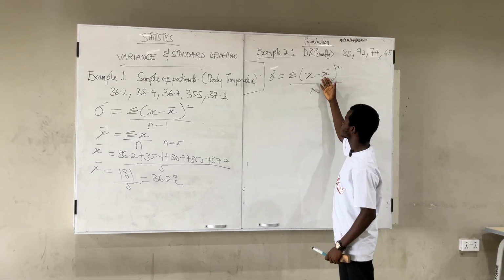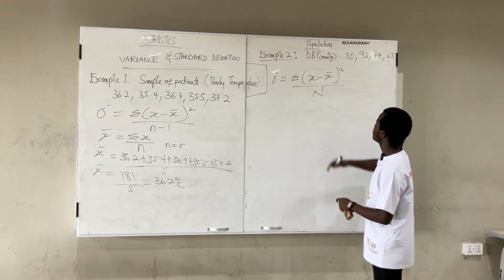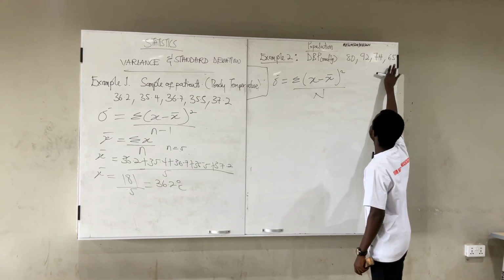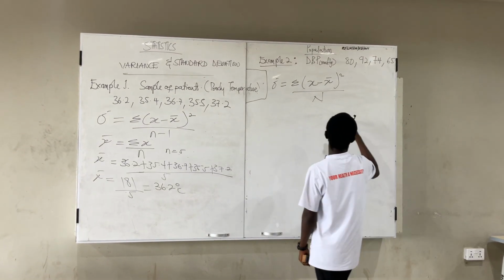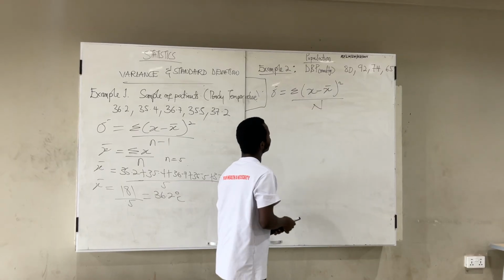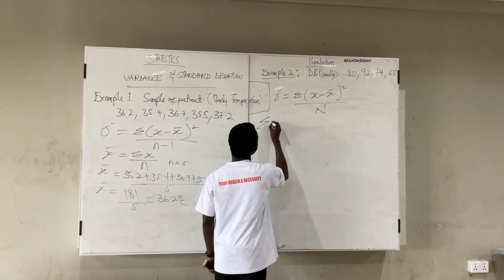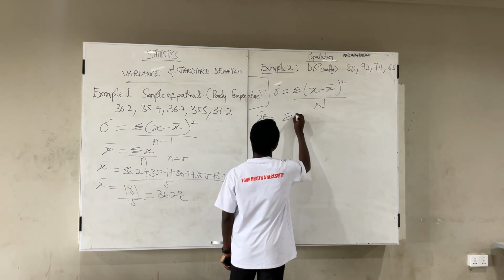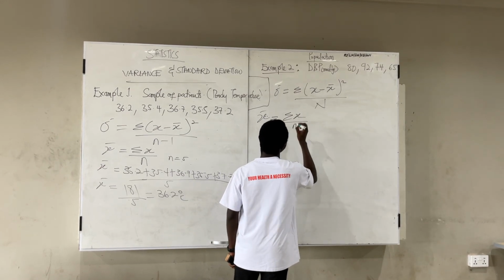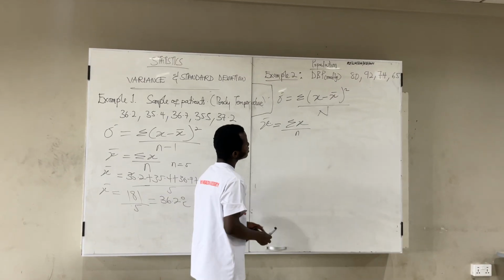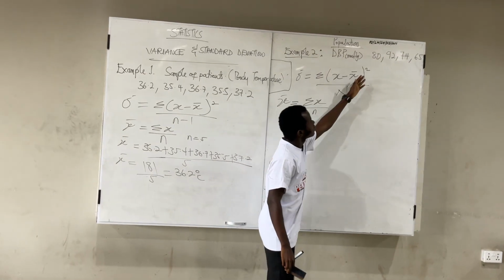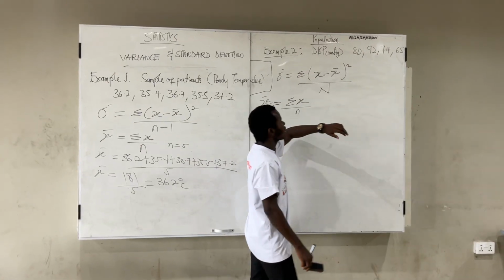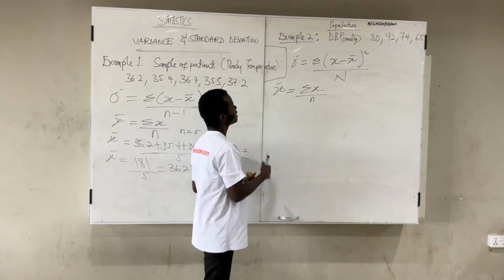Now, here too, we are supposed to calculate our mean. So the mean for this data, which is 80, 92, 74, and 65, will be the summation of x all over n. So you sum all the data given and you divide by the number of the data present.